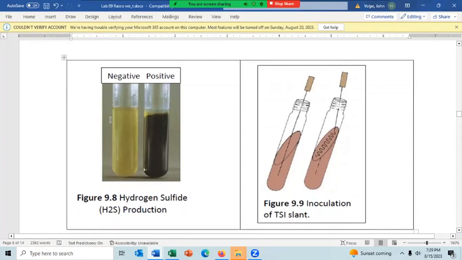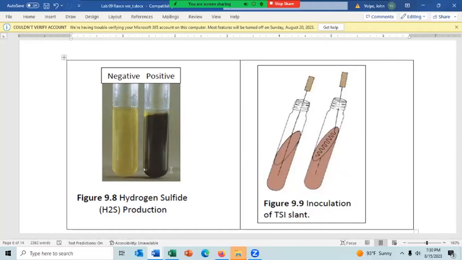Usually, hydrogen sulfide is produced anaerobically, and that's why the very top of this tube is not black, because aerobic respiration is happening here, and so hydrogen sulfide is not being produced there. It's being produced here, and the hydrogen sulfide may have diffused up here. Okay? But there's the hydrogen sulfide test.